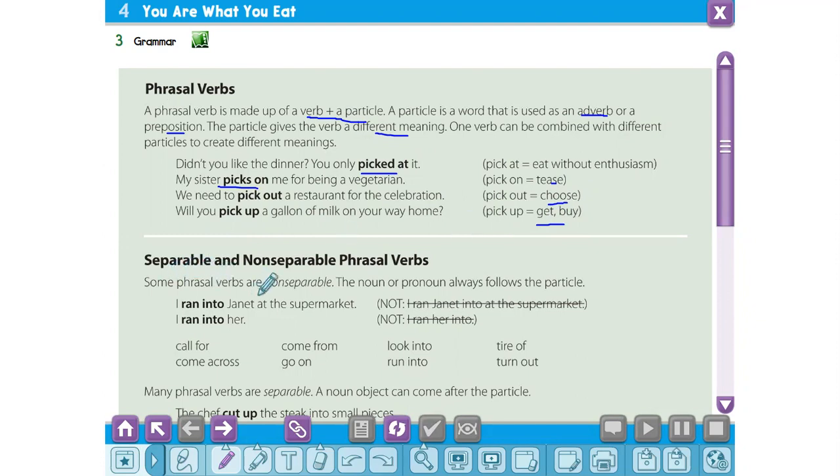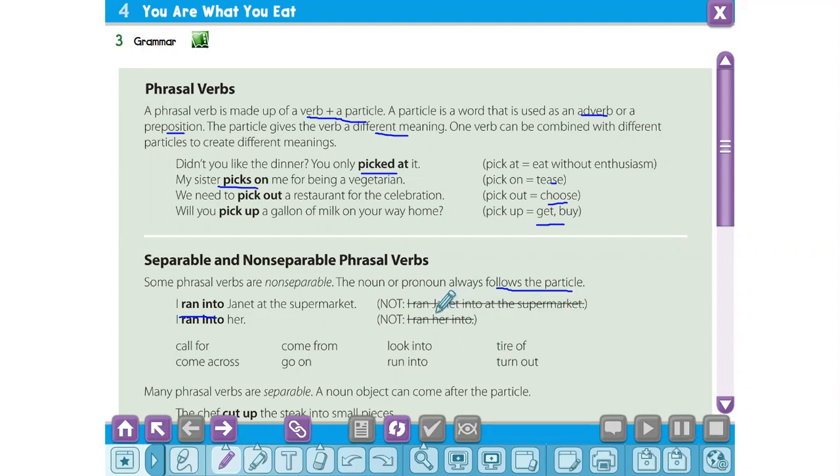Some phrasal verbs are non-separable. We can't separate them. The noun or pronoun always follows the particle. For example, I ran into Janet at the supermarket. Ran into. It's incorrect to say I ran Janet into at the supermarket.